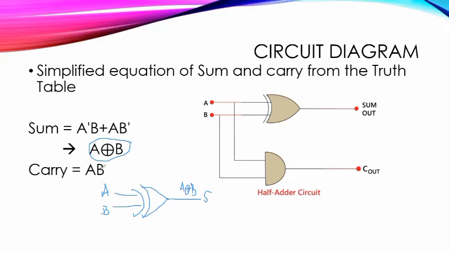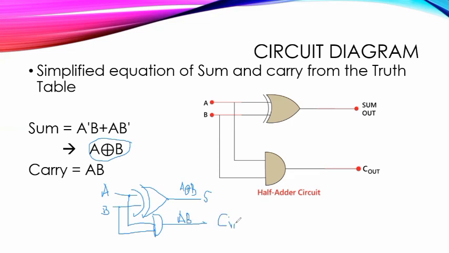Next is A into B. If it is a dot product, which logic gate will we be using? We'll be using AND. So A into B: we connect A and B and draw an AND gate, which gives you A into B, which is carry.